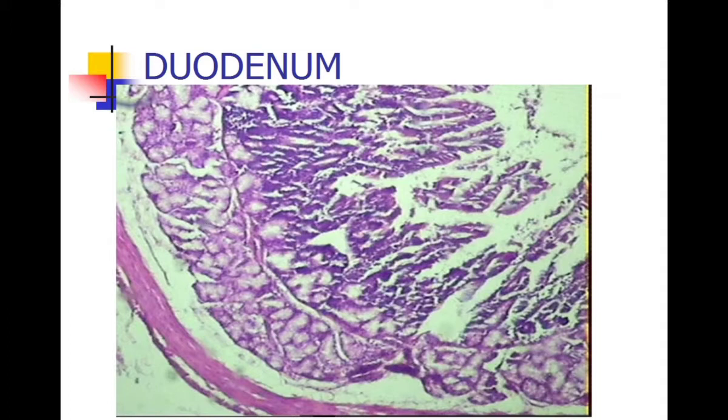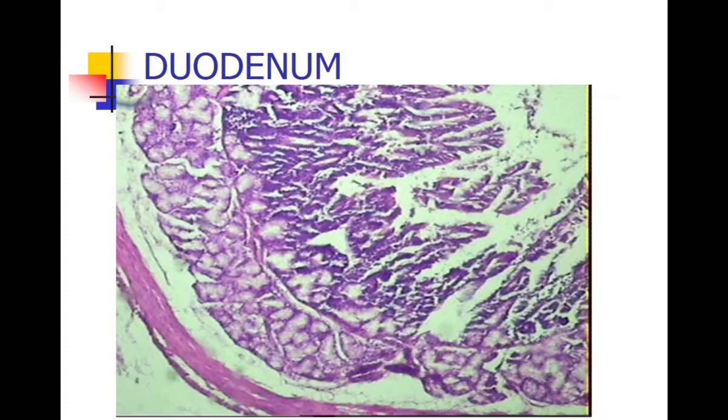So Brunner's glands and the leaf-like villi, these are the two very prominent features of the slide of the duodenum. These are the identification points of this slide, that there are leaf-like villi in the mucosa.